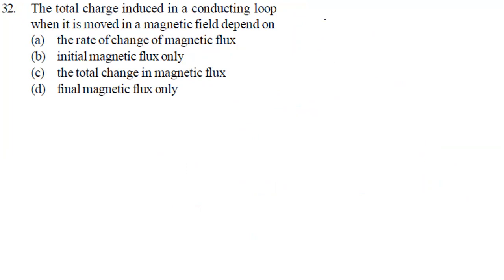As we know, the formula for induced EMF is d phi by dt, or delta phi by delta t, where phi is given by the formula BA cos omega t.